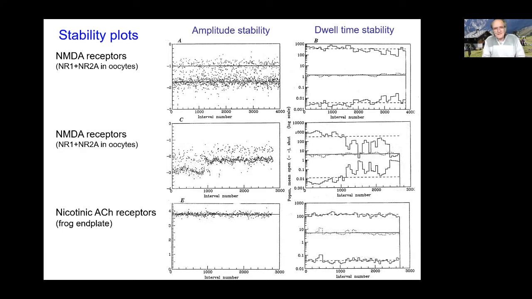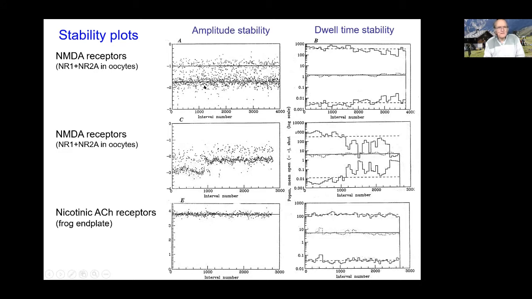Before doing that analysis, what you should check is stability plots, because you're going to assume that the record was in a steady state for the analysis, and it's best to check that. Here's a record from an NMDA receptor. These are the individual amplitudes.